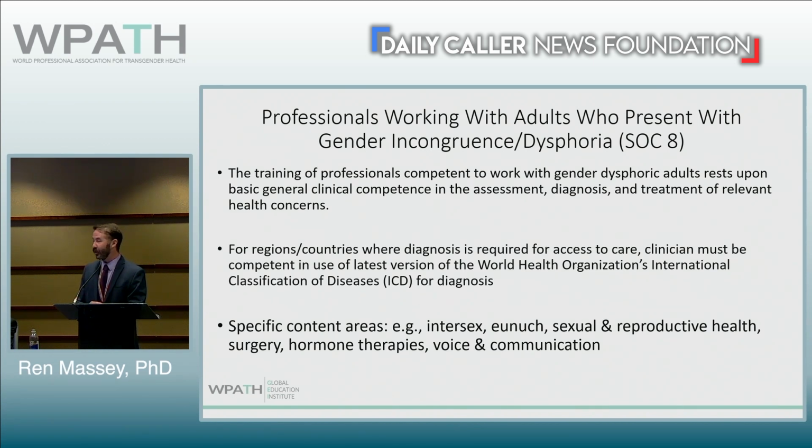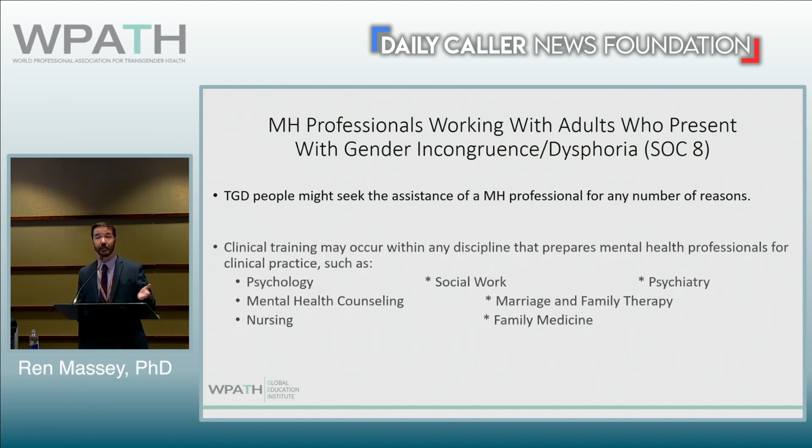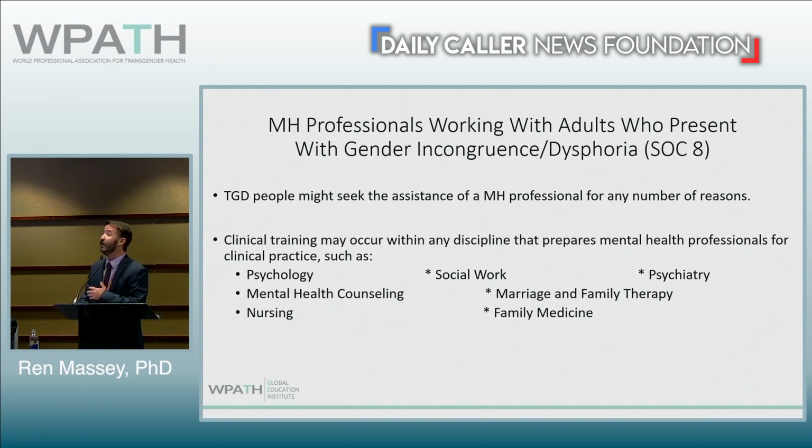And we also have to know about specific content areas if we're going to see folks in certain specialty areas, whether it's around sexual and reproductive health, surgery, hormones, voice and communication, or intersex or unique individuals. So again, folks may be coming to mental health professionals for a variety of reasons, and we can be trained in mental health in all sorts of fields, from nursing to family practice to psychiatry, psychology, mental health counseling, social work, marriage and family therapy.